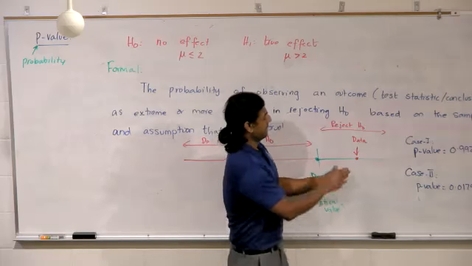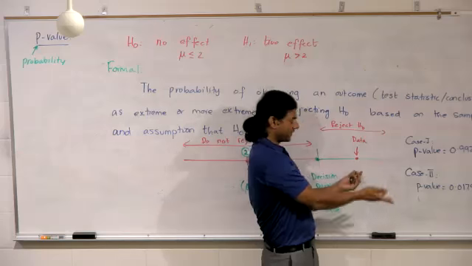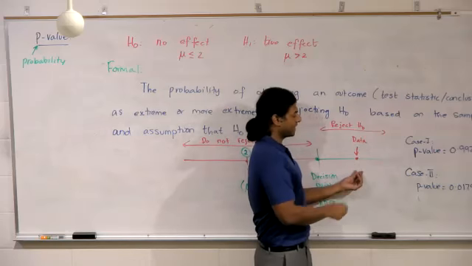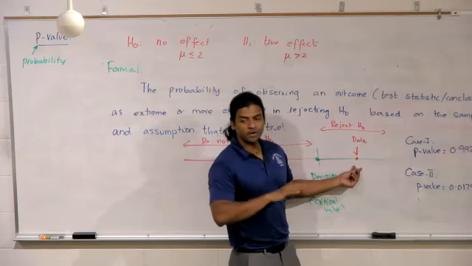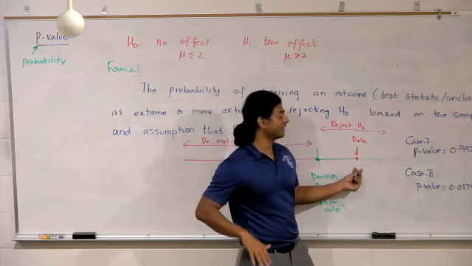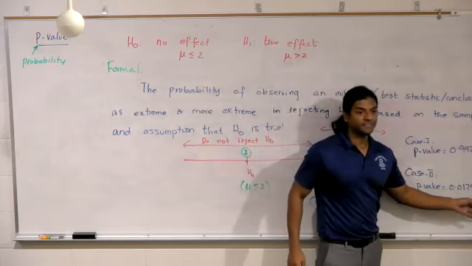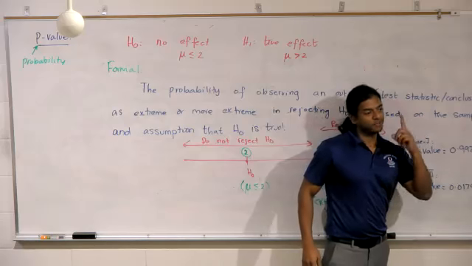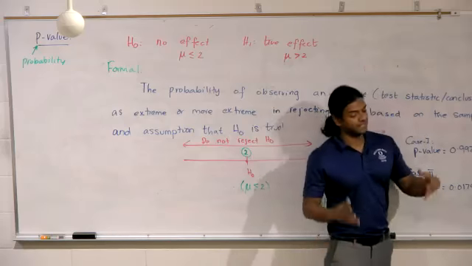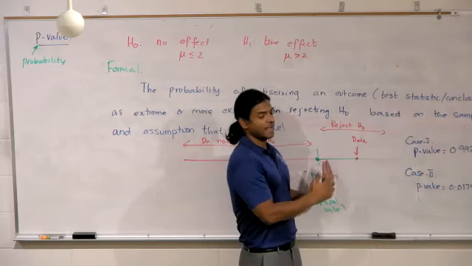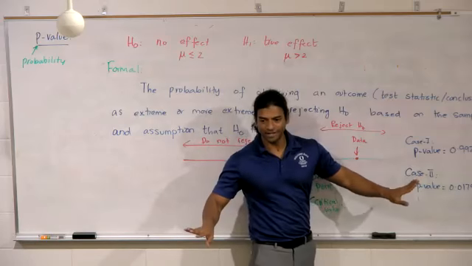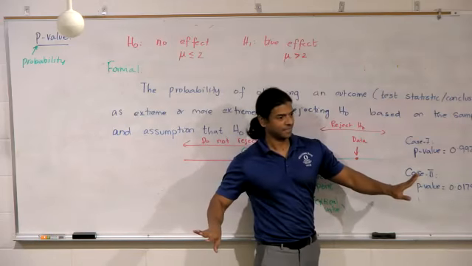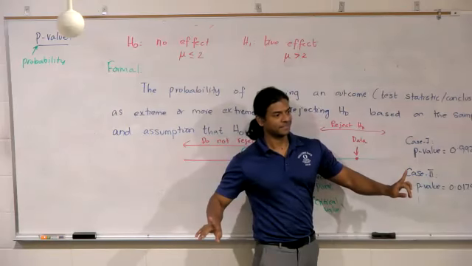That said, the first time I rejected, and I'm going to say that the probability that it happened without any underlying rhyme or reason is 0.0179. There is only a 1% chance, approximately 2% chance, that I rejected the null without any underlying cause or reason. Yes? Does that make sense?